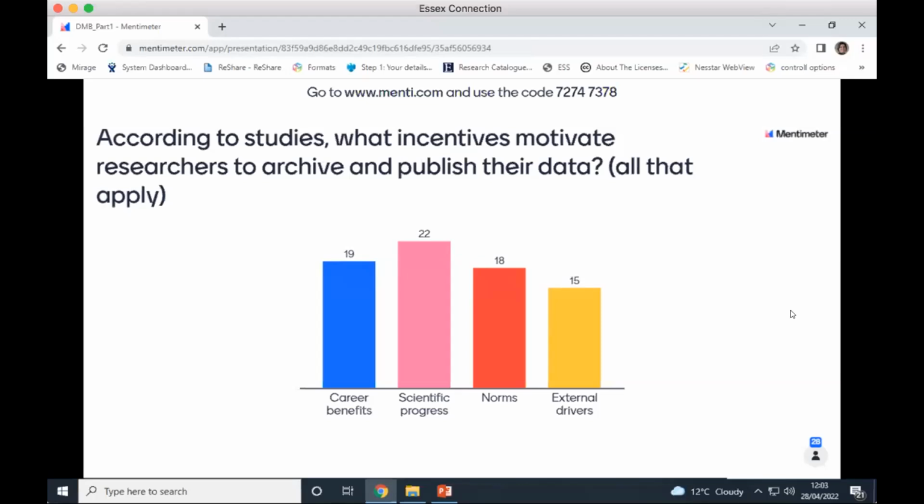External drivers there was defined as, you know, the publication asked them to share the data that was backing it up, or it was a funder that required that data to be shared. And I think the other 3 are pretty self-explanatory.